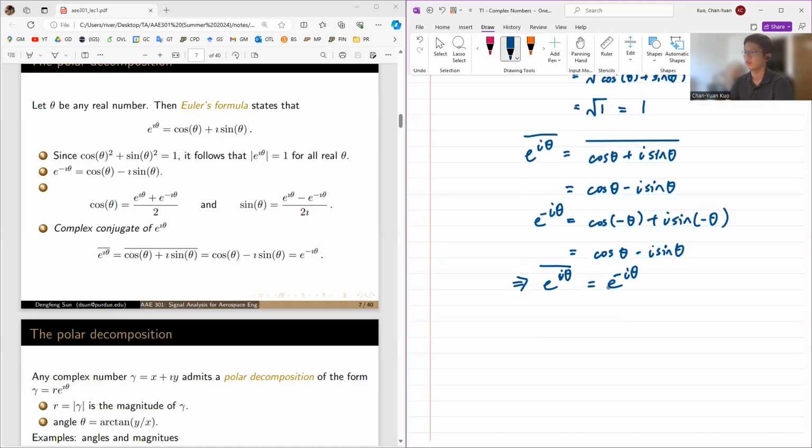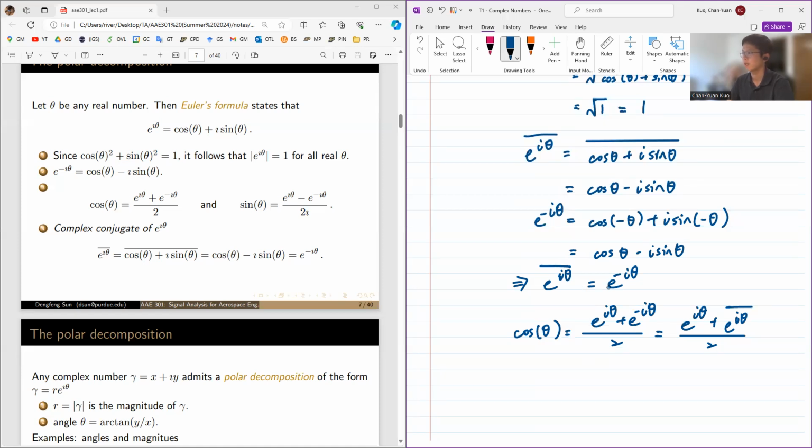With this, we can now see why cosine theta equals e to the i theta plus e to the negative i theta, divided by 2, because this is basically e to the i theta plus the complex conjugate of itself, divided by 2.